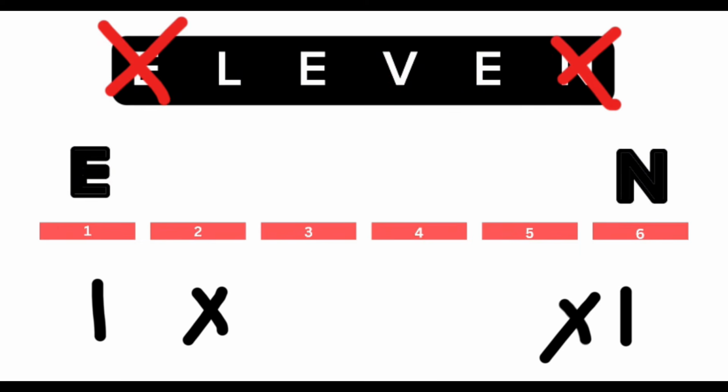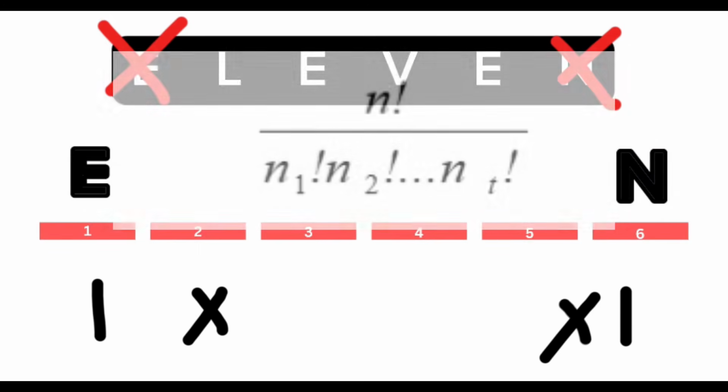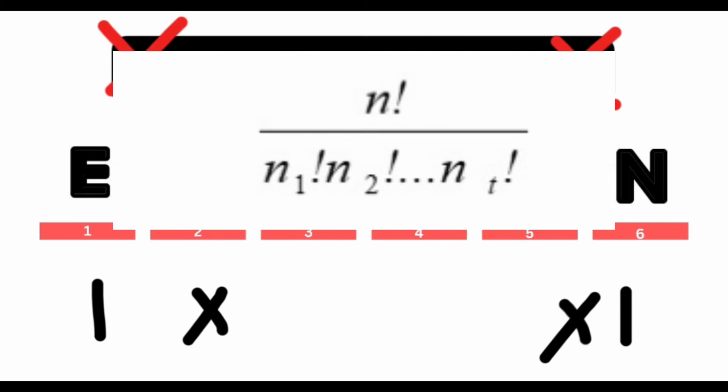Therefore, since we know order matters and there's repetition, we'll use the formula for permutation with repetition, which is n factorial over n1 factorial, n2 factorial, and onwards. The n factorial in the numerator is the total number of letters we have there, which is 4, so in the numerator we would have 4 factorial.